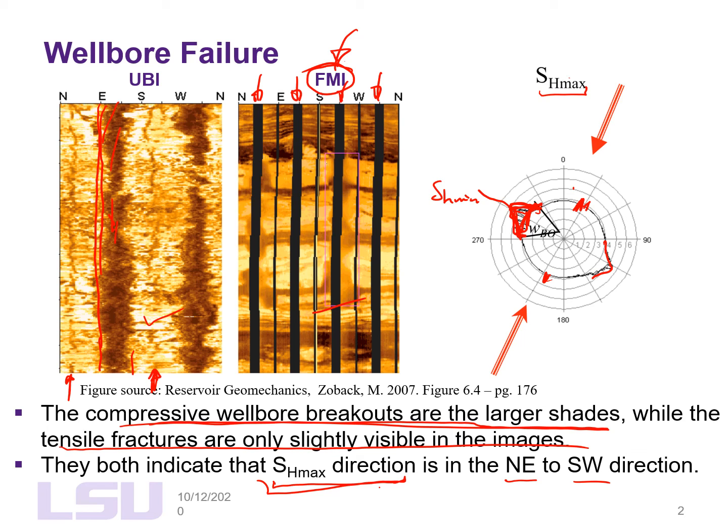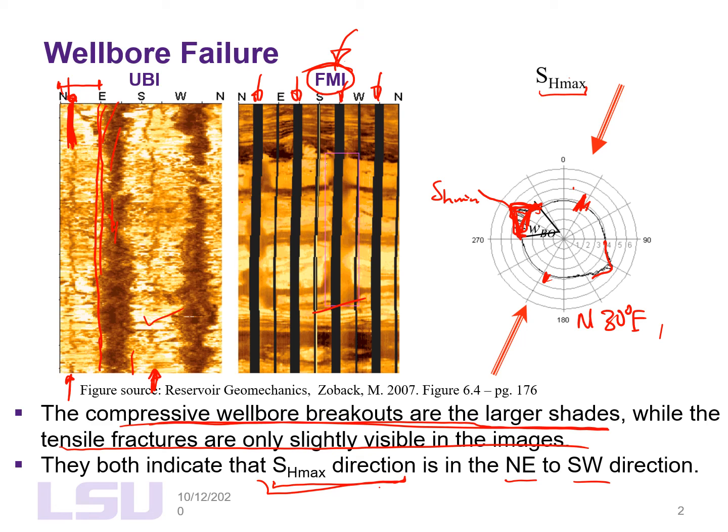So the question is, what's the direction of SH max? You can just get that directly from the direction of your drilling induced tensile fractures, which is here, right? So it's northeast, a small angle, right? From north to east is 90 degrees, so this is about 30 degrees thereabouts. So you can write it as north 30 degrees east.